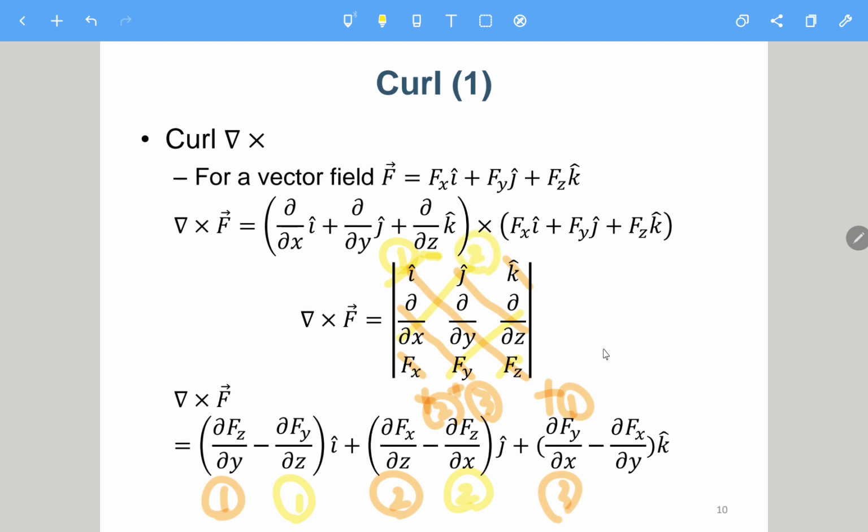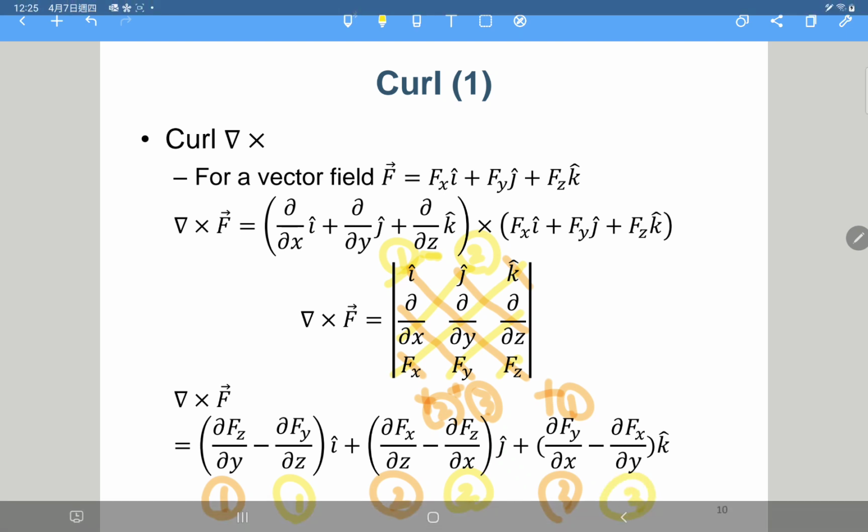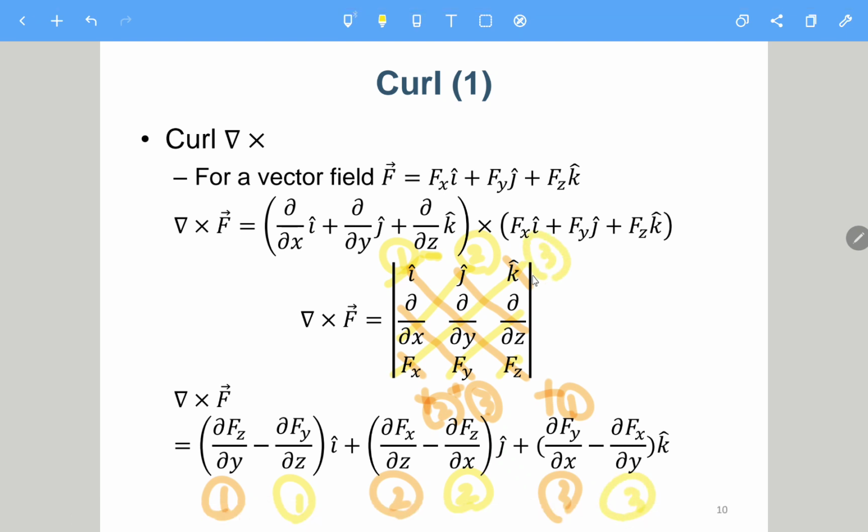And then finally, we have k hat partial y fx. This is the third term with a negative sign. So this is the way if we use the determinant to calculate this cross product.